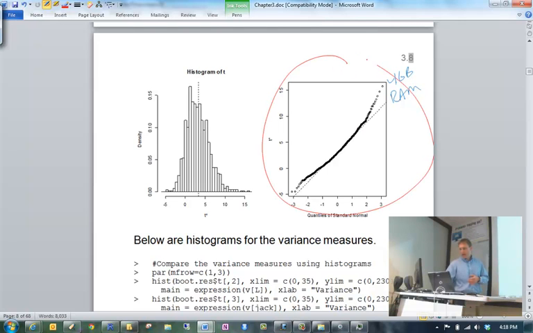I should also mention before we go on, notice the QQ plot here of the T stars. What do you think about normality? So, it's questionable, definitely. Remember the central limit theorem. Y bar 1 minus y bar 2 for large samples should have a normal distribution. But what we see here is evidence that the sample size is not large enough, and the Bootstrap is allowing you to see this.